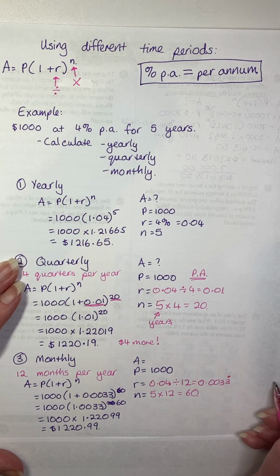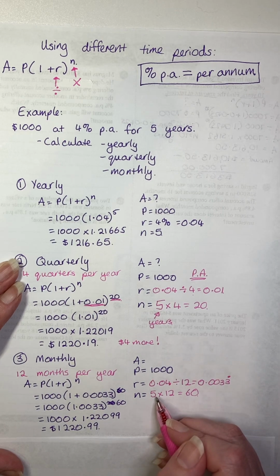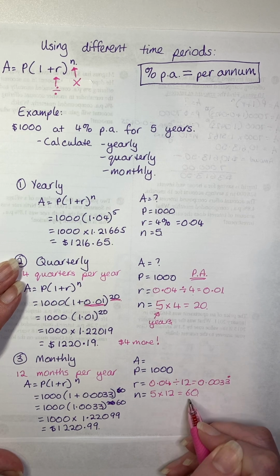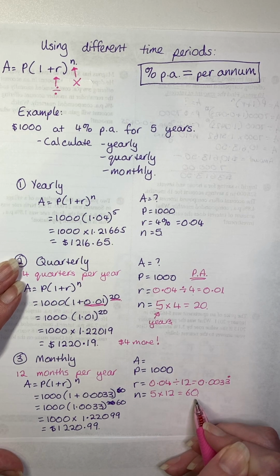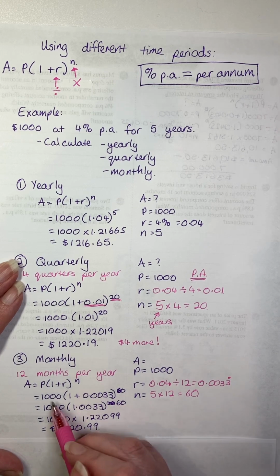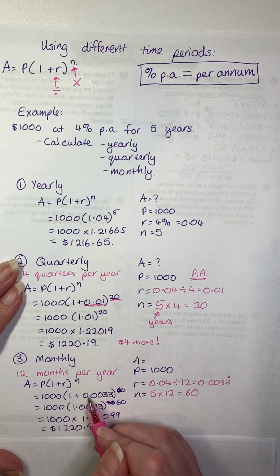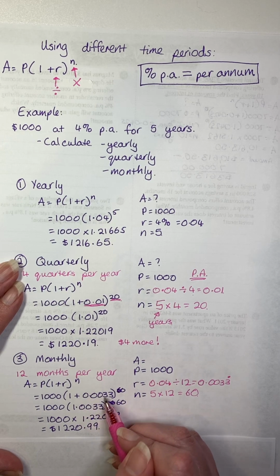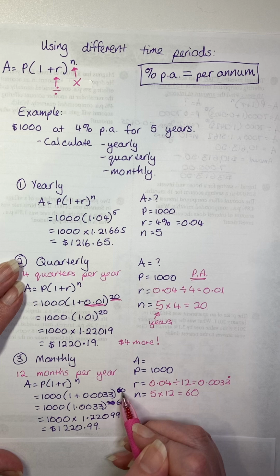Our time periods are going to be 5 years and then 12 months in each year, which gives us 60 time periods. So now when we fill everything into our equation, we've got these new values in here. We've got 0.0033 here and a 60 up here.